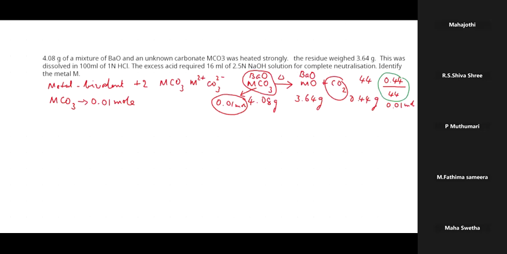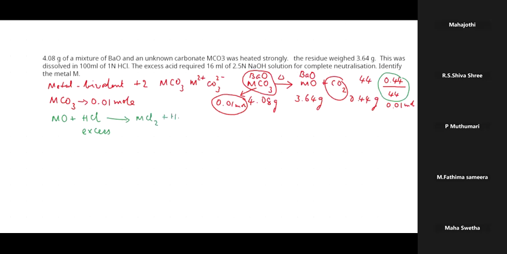Now look here, this metal oxide can combine with hydrochloric acid. So that is the next step. It is dissolved in hydrochloric acid, excess hydrochloric acid. Excess amount of hydrochloric acid is taken, and naturally metal chloride and water might have formed.